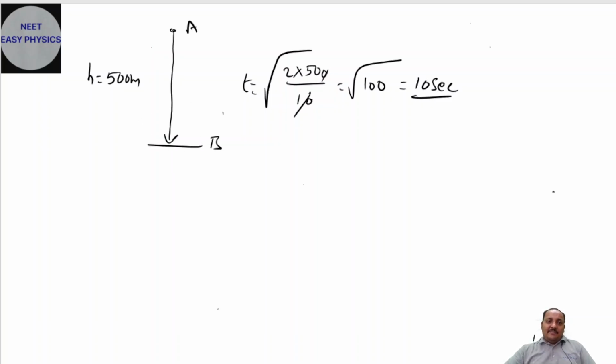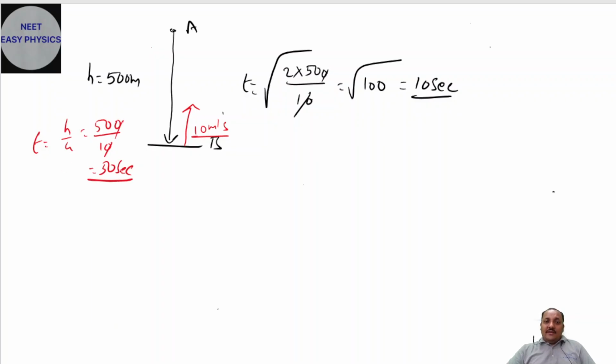At the same time, another body is projected vertically upwards with 10 meter per second. Then, when and where both the objects will meet together, they will ask. So many students will make the mistake of taking T is equal to h by u, that is 500 by 10. So after 50 seconds.